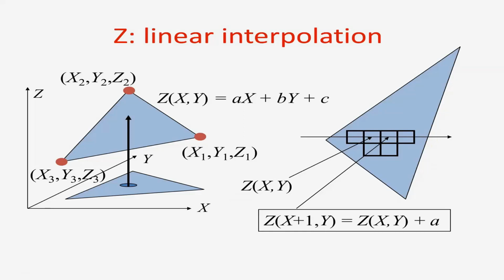So the first question is how the z-coordinates of the triangle points are computed for every pixel of coordinates x and y. The triangle is on a plane, so x, y, z coordinates satisfy the plane equation, which is a linear equation, so z will be also a linear function of pixel coordinates x and y. The evaluation of this linear function requires 2 multiplications and 2 additions, which are too much if we have just a few nanoseconds for this operation.